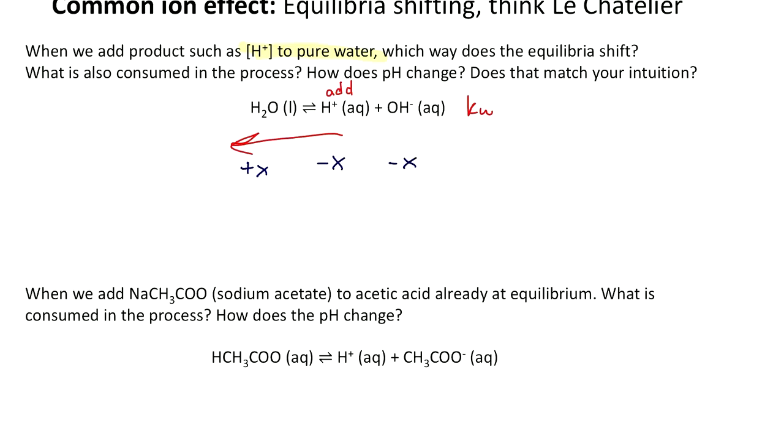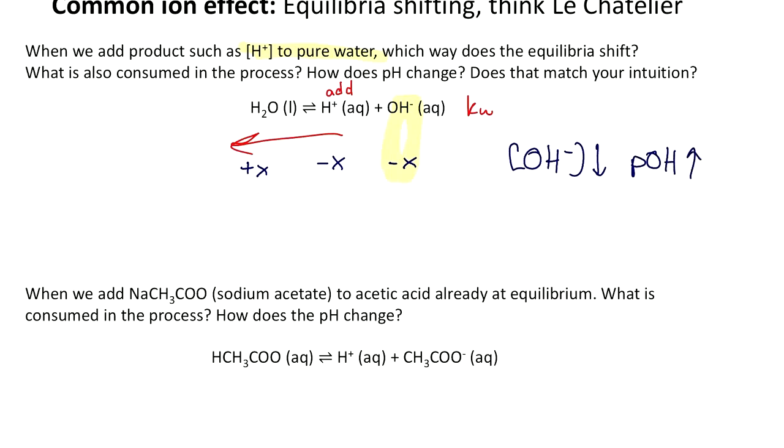So what does that mean? How does our pH change here? If the reaction is moving in the reverse direction, we're going to make a little bit more water, but we're going to consume a little H plus, and we're also consuming a little bit of hydroxide. So what we see here is that, from initial conditions, hydroxide concentration actually goes down. And if the hydroxide concentration goes down, how does the pOH change?